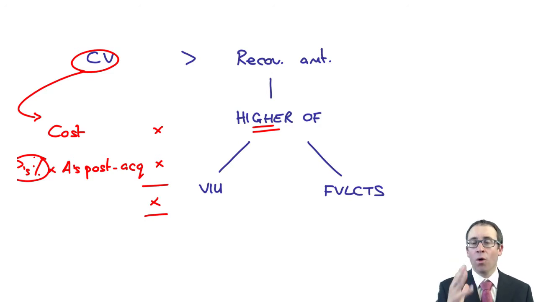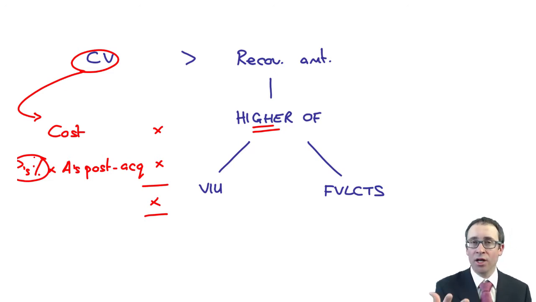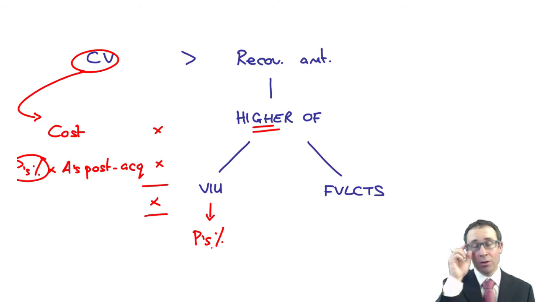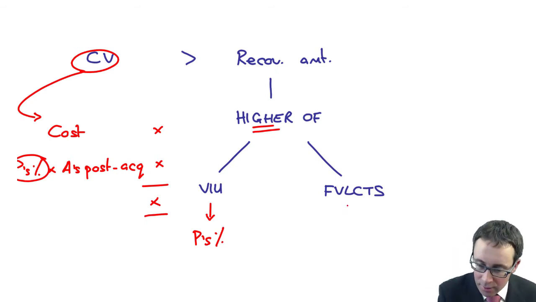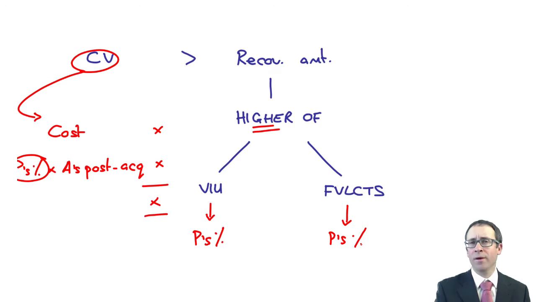Okay, so what we've got to be careful of here is, because the carrying value is taking account of our share, when we're looking at the value in use, we will be given the total value in use of the associate, and also the total fair value less cost to sell of the associate as well.